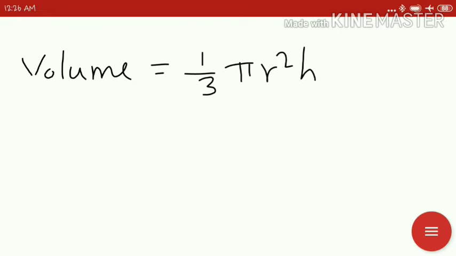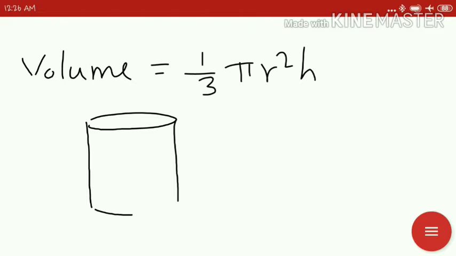Basically we take the 1/3 part because the conical shape can be taken out of a cylinder: if I take a cylinder, take one of its two plane surfaces as the base, and carve out such a part, that will be a right circular cone.